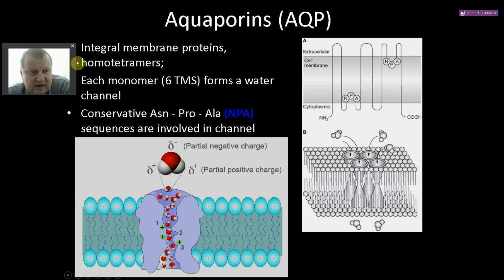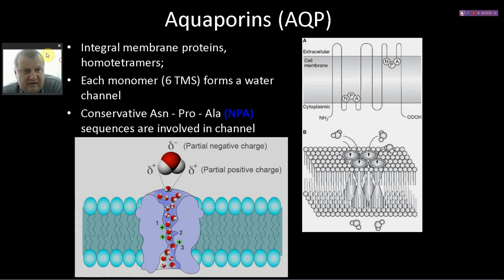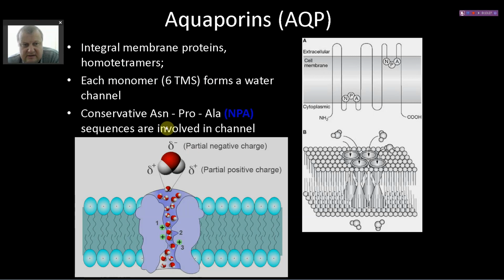Some words about aquaporins. These are integral membrane proteins. Integral means that this protein penetrates through the whole membrane, and this protein is a homotetramer. Tetramer means that there are 4 subunits in this protein, and homo means that these subunits are equal to each other.